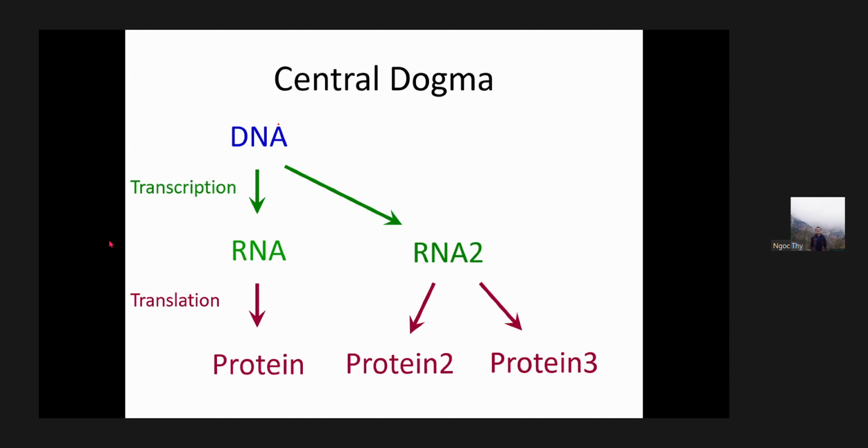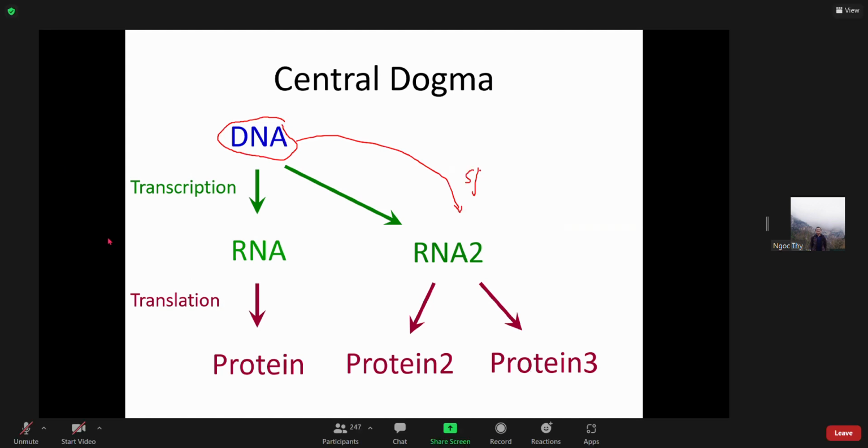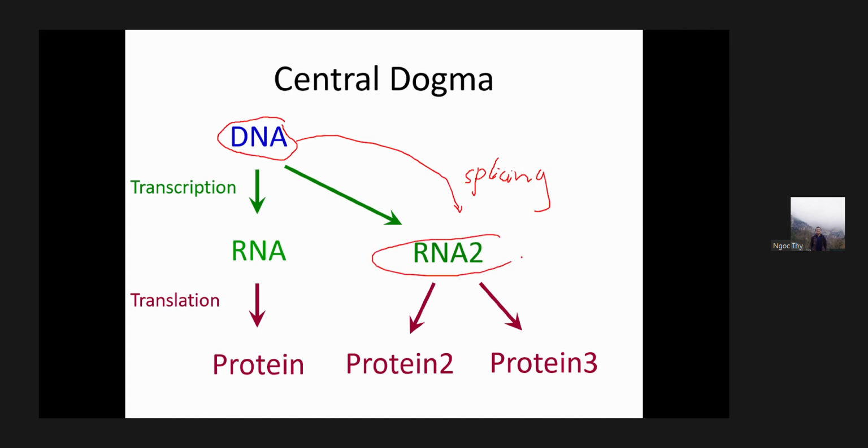As a result, from one DNA, through a splicing process, we form different types of RNA. So we have different RNA variants of one gene, and different RNA variants, through post-translational modification, can form different types of protein.